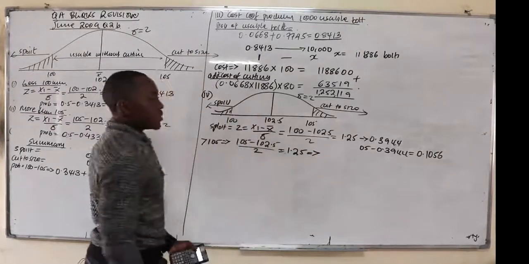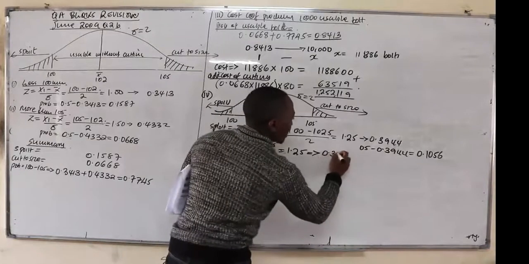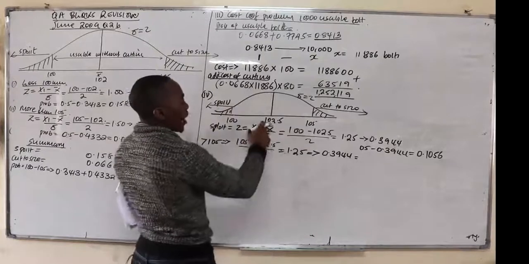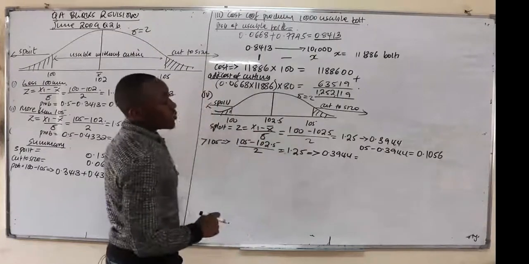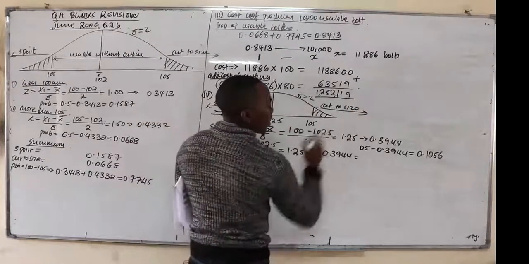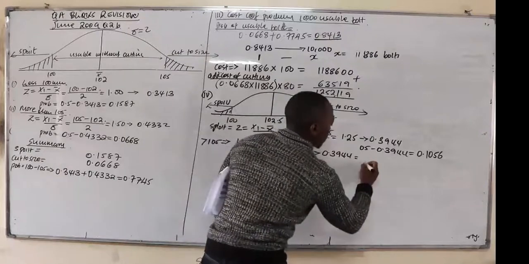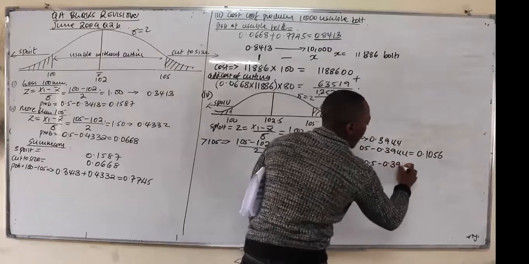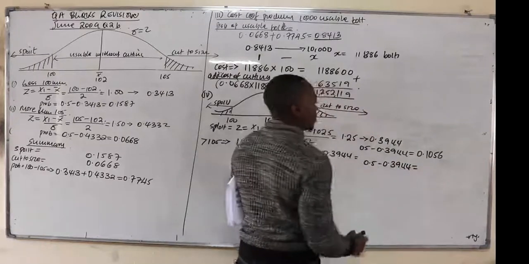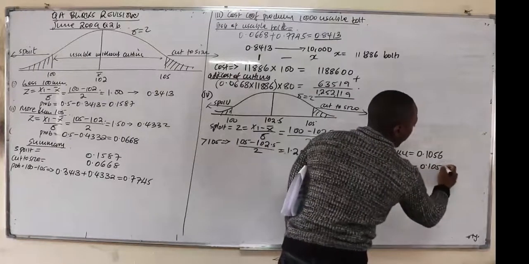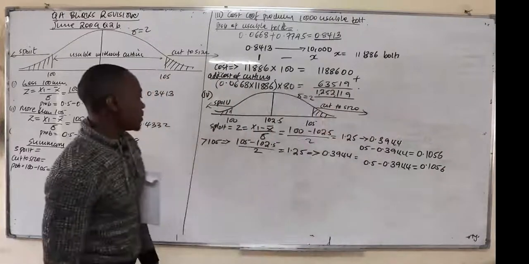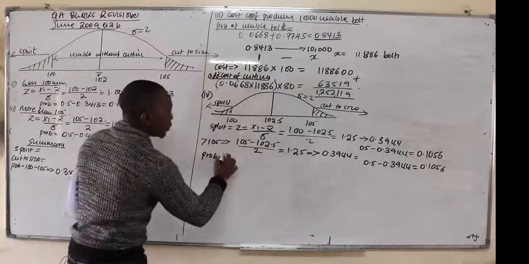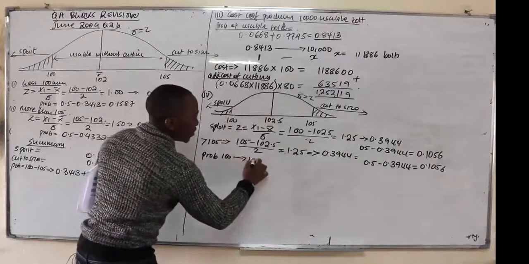We read it from the table, you still get 0.3944. But that is the probability now between 102.5 and 105. So can we get the probability of greater than 105? You'll take 0.5 minus 0.3944, of which you still get 0.1056.